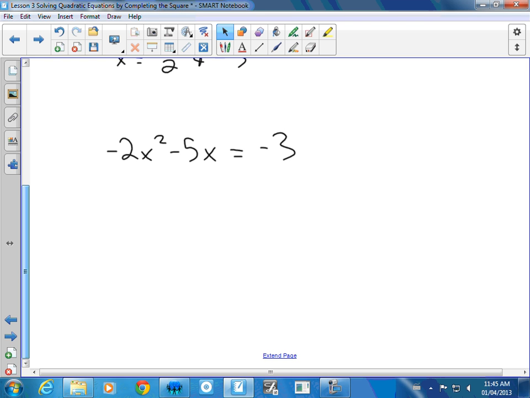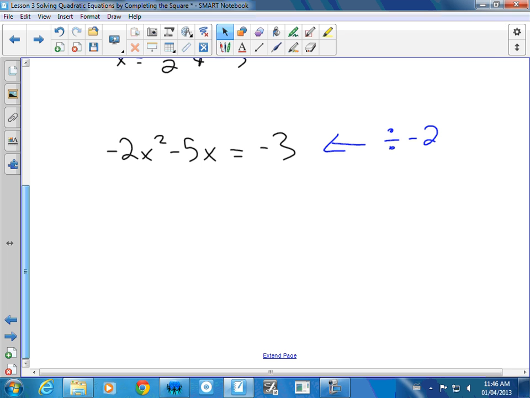Okay, what's the first thing to do? There is a GCF this time. When we're completing the square, do we want the x squared to be by itself? Do we want anything in front of it? No. So what do we have to divide by to get rid of whatever's in front of the x squared? Negative 2. You got to divide the whole thing by negative 2.